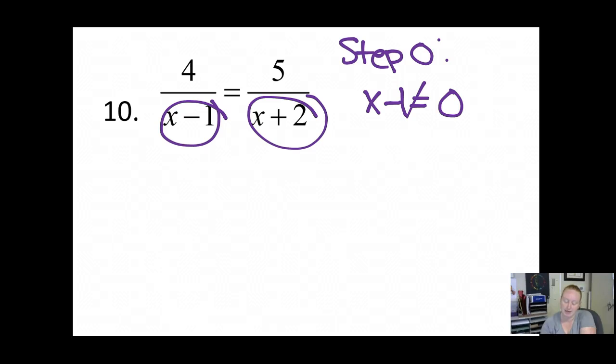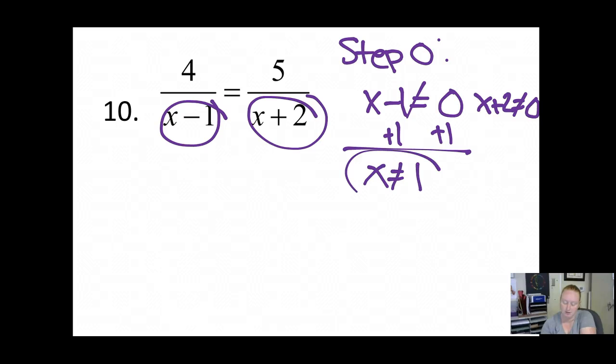So I'm going to say x minus 1 can't equal 0, and I'm going to say x plus 2 cannot equal 0. Okay, I'm going to say both of those things. I'm going to add 1 to both sides to get x cannot equal 1. I'm going to subtract 2 from both sides to get x cannot equal negative 2.